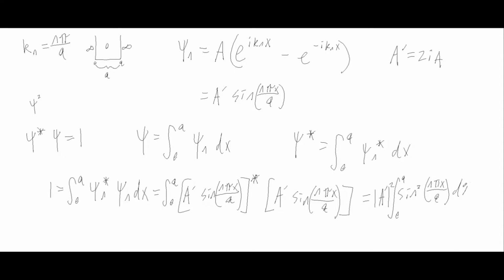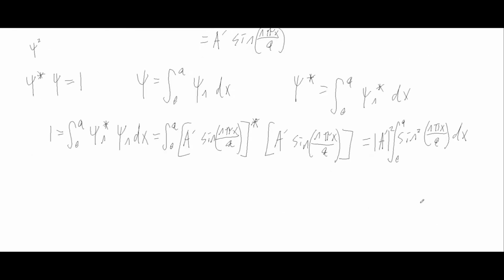Then there is, I guess you could call it, an identity that I'm going to use here: the integral of sine squared of some constant times x, cx, is equal to x over 2 minus sine of 2cx over 4c.